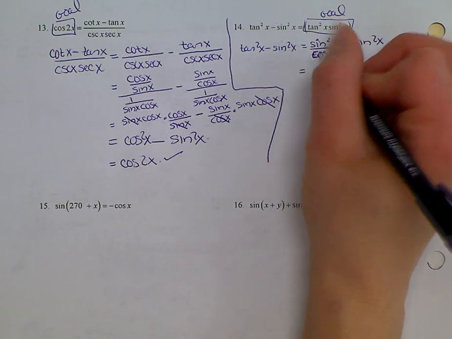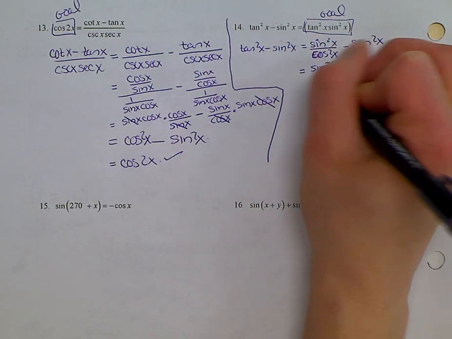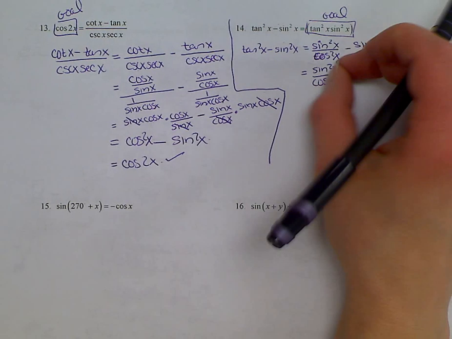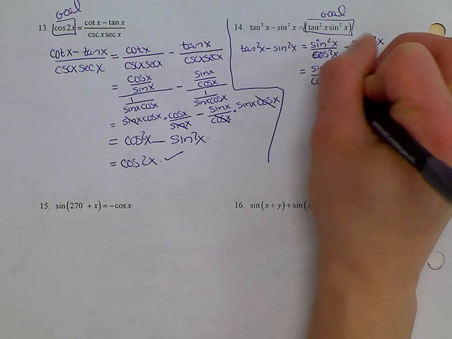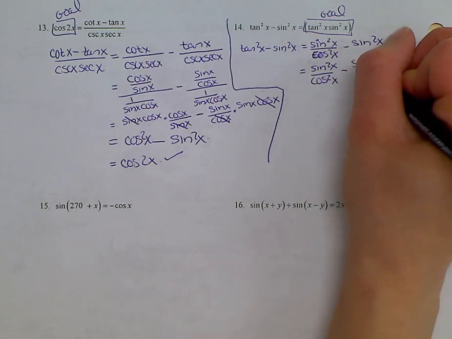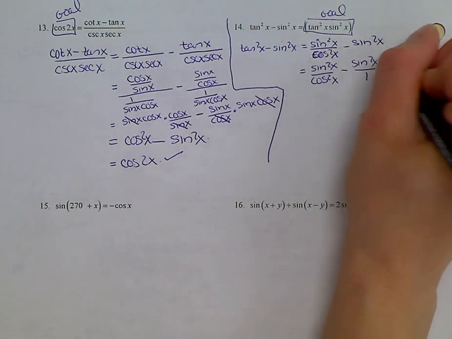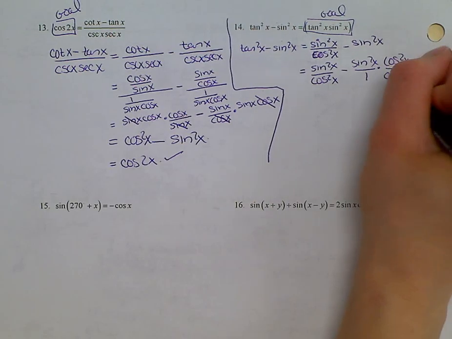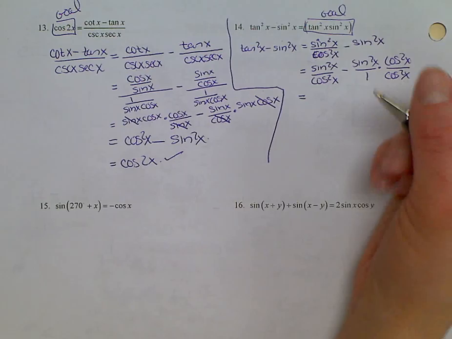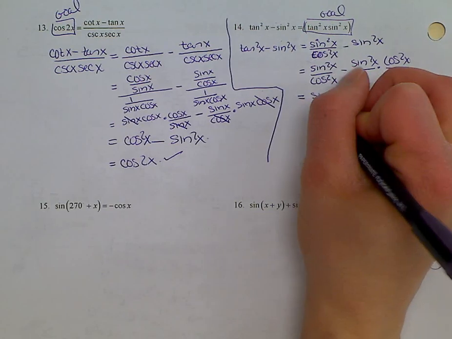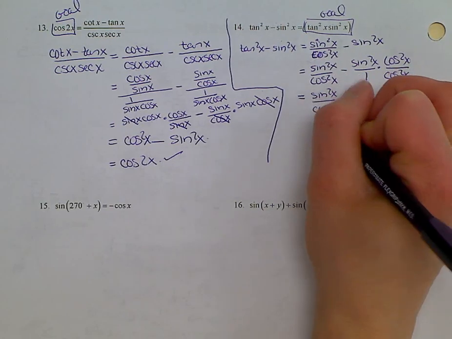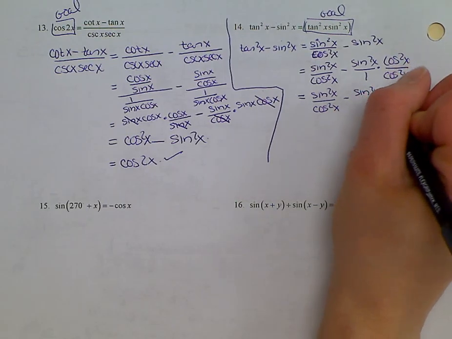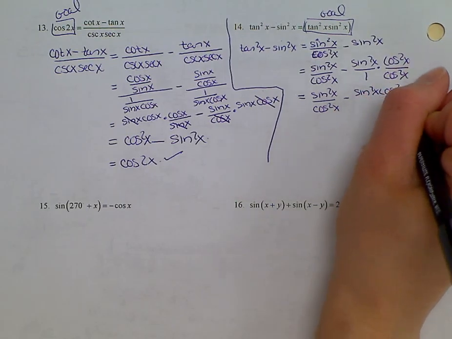Now what I can do is perform this mathematical operation to try to combine them into 1 term. We would know that we would have to find a common denominator. So sine squared of x over the cosine squared of x minus, we'll end up with sine squared times the cosine squared over the cosine squared.